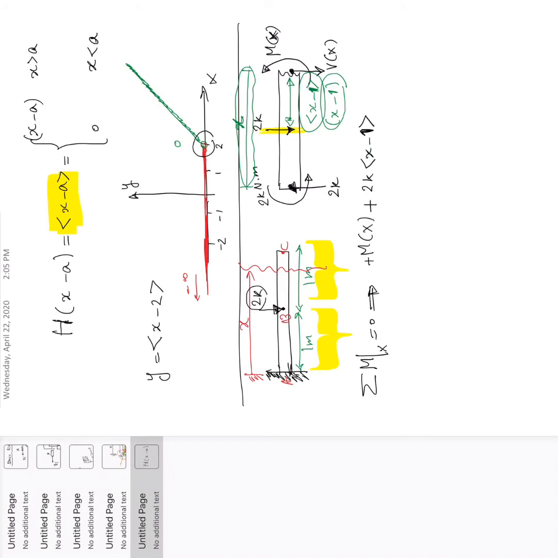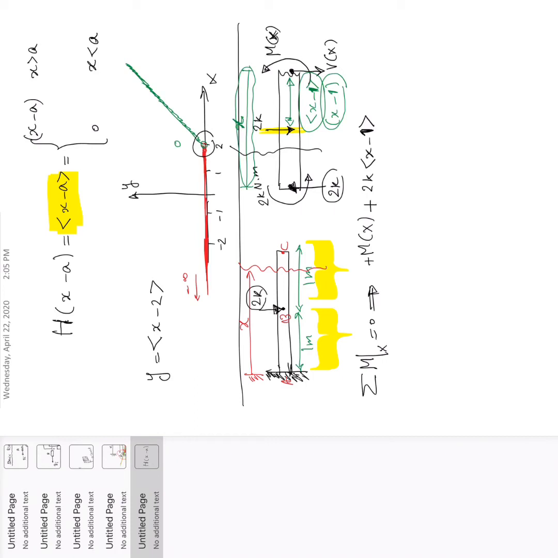That's it. Now I go to the 2K on the wall, right here. This 2K is always there regardless of where I put my cut. If I put my cut after 2K or here before 2K, it doesn't matter. This 2K at the wall is always there. So I just consider it as a regular force.